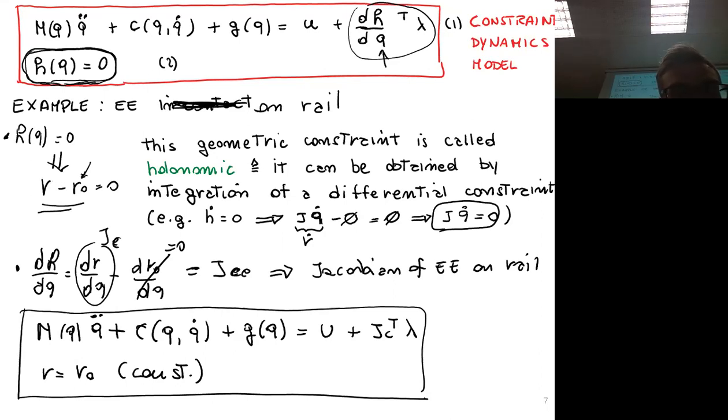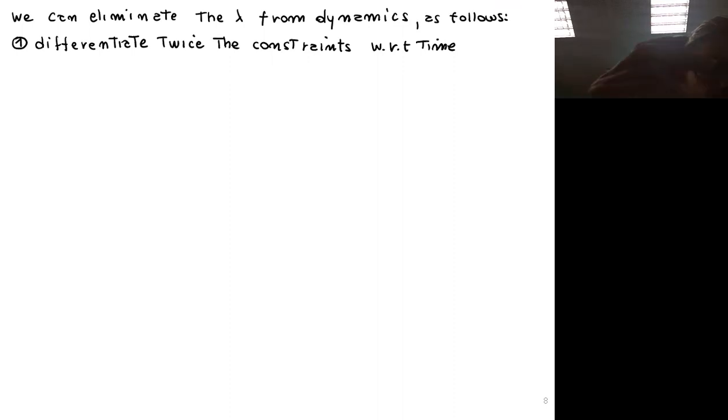We can think about eliminating the lambda, the constraint forces, from the dynamics. And to do so, we can differentiate twice the h constraint with respect to time. So h equal to 0 is this. And if we differentiate once with respect to time, we saw that we get J q dot equal to 0.